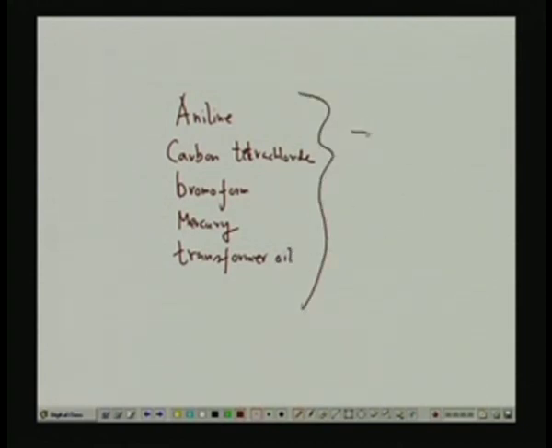These are all typical manometric liquids.